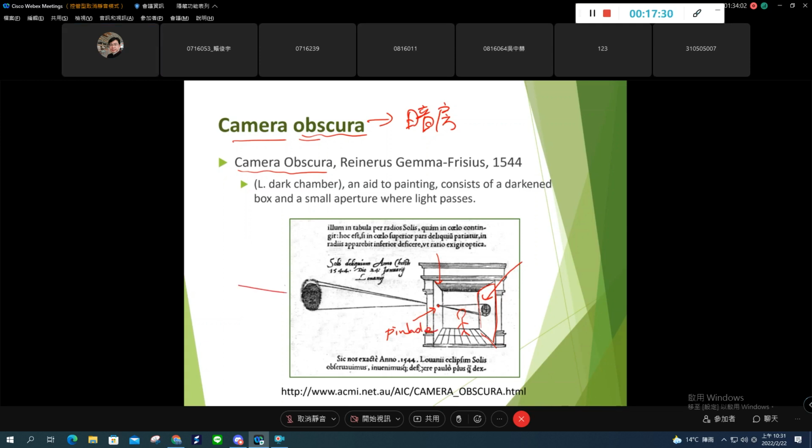And if you have a strong light here, for instance, a super large candle, or some bright light over there, artists have a chance to mimic the scene here. However, the scene is reversed. You can see, we will talk about it later.